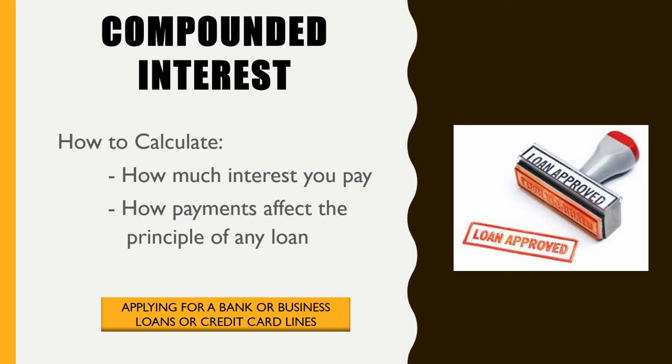We're going to take an example of a bank bond or a bank loan, or a credit card loan, whatever you want to use, and I'm going to show you how to compound something. You're going to calculate the interest that you are collecting, and how many payments are going to affect the actual principal.